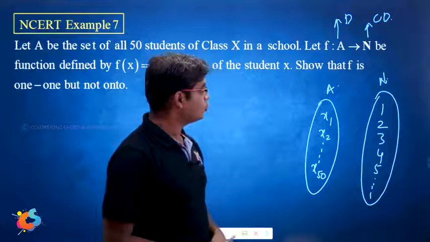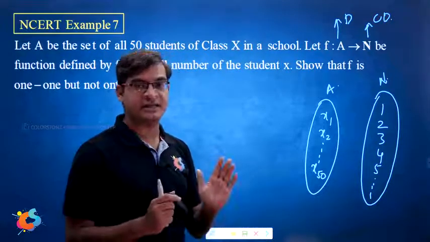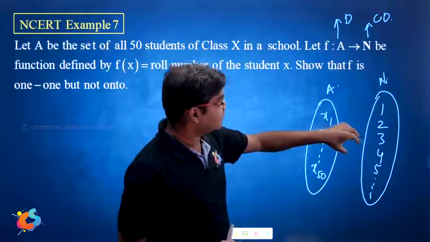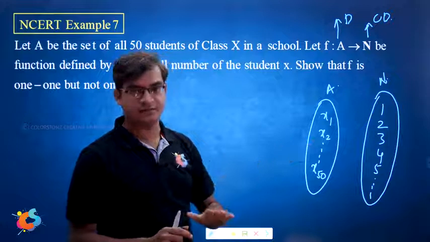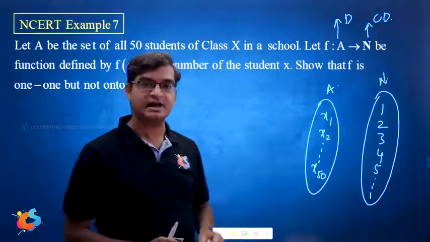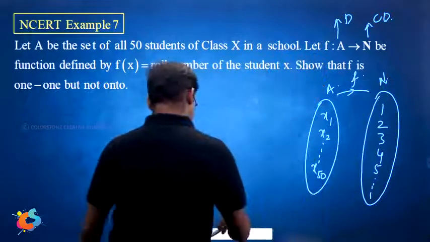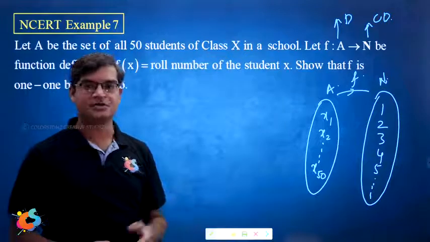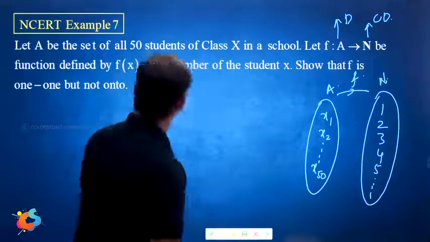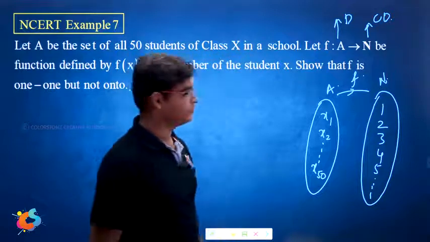To prove that it is one-one, let us first understand how the mapping is happening. This diagram is not needed to be shown in board exams. This is just for our understanding. And for competitive exams, it doesn't matter. However you do, you should give the correct option.